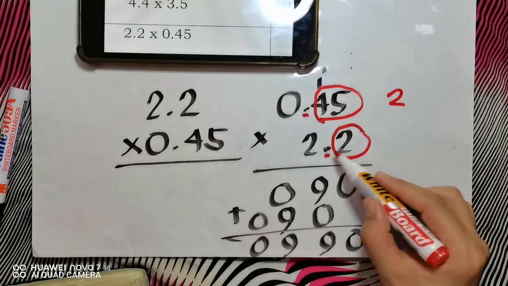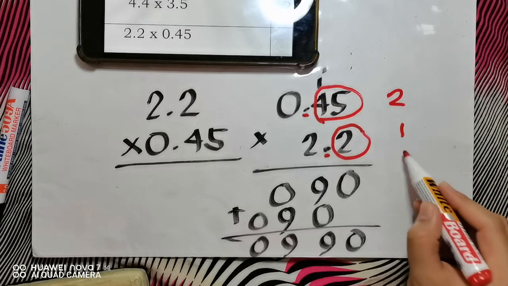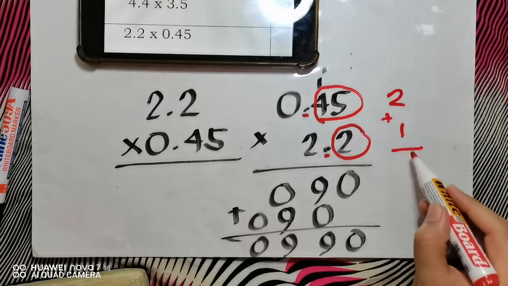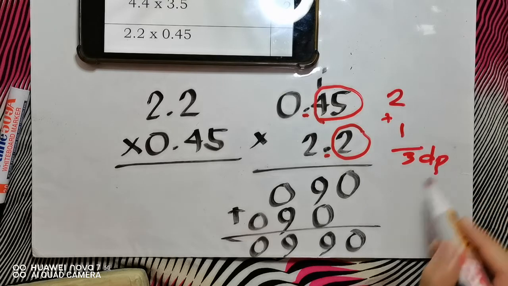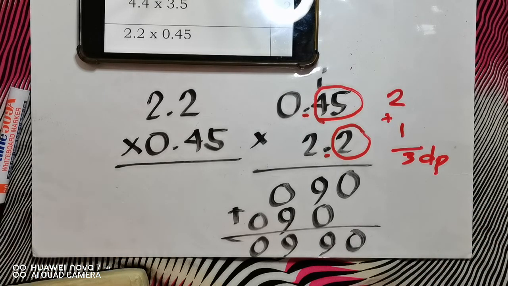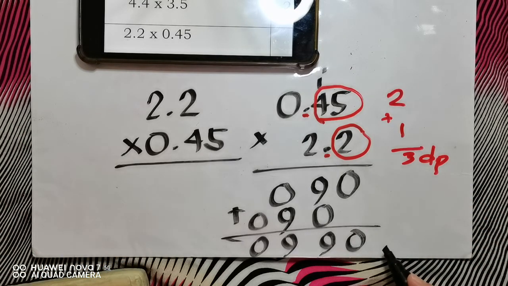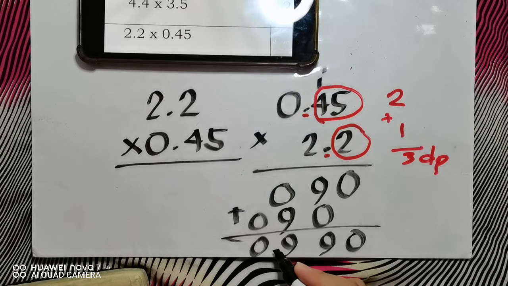We have here decimal point 1. Add 2 plus 1 equals 3. Therefore, you need to have 3 decimal places. So, mula dun sa pinakakanang part, bilang ka lang ng 3. 1, 2, 3. So, doon ang iyong decimal point.